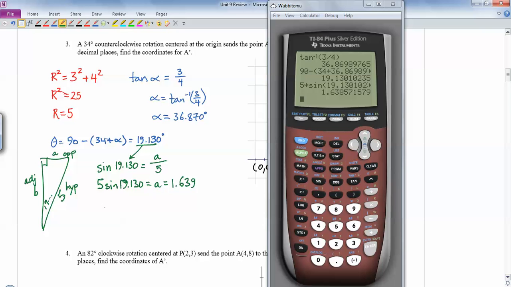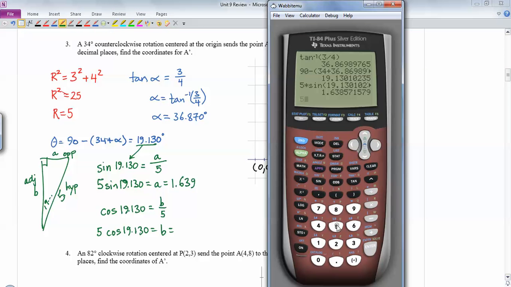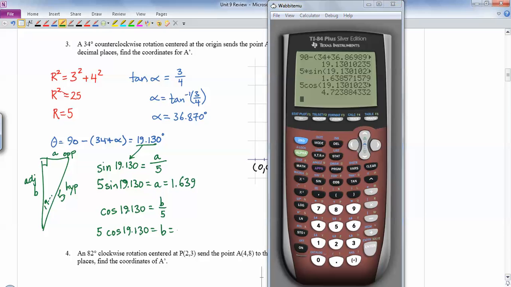And then to get the adjacent side, B, we'll do cosine 19.130 equals B over 5. And if you multiply the 5 over, that ends up being 5 cosine of 19.130. And we get 4.724.